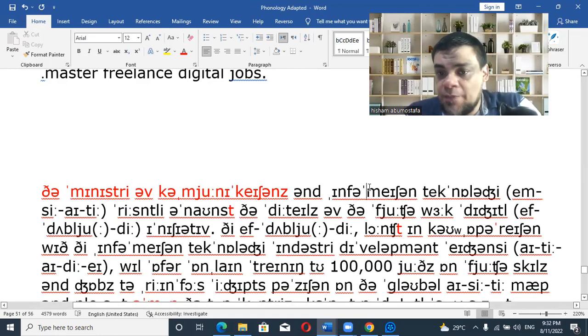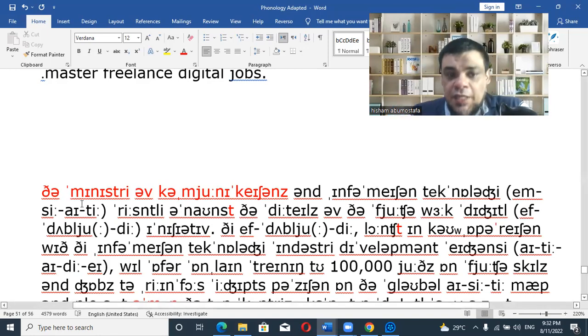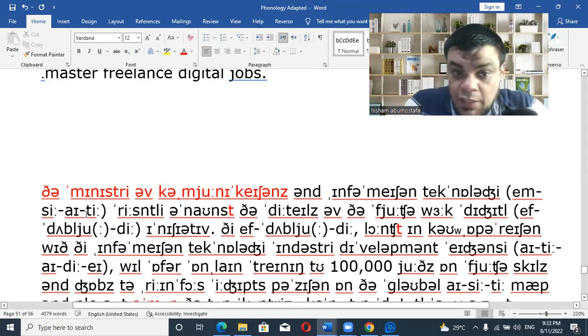Technology, information technology. The stress is here. This is another word and another stress group here. Technology, information technology. MCIT, so following information, MCIT.